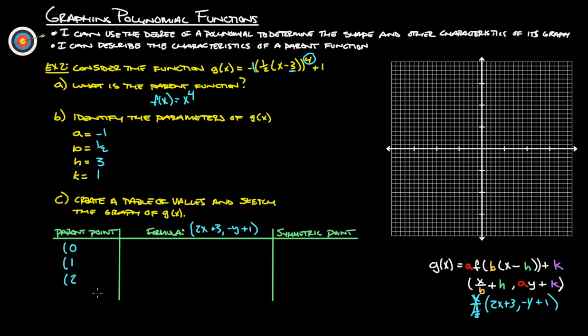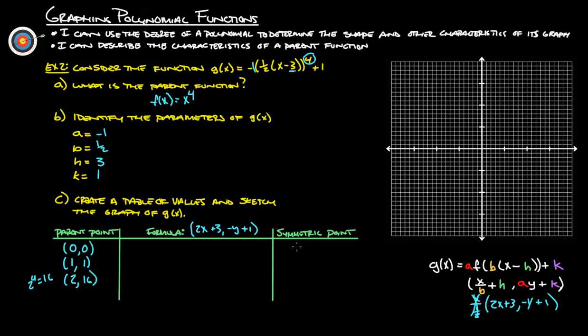Okay? All right. So if we plug in 0 for our parent point, 0 to the 4th power is just going to be 0. If we plug in 1 to the 4th power, that's still 1. So we got 0, 0, we got 1, 1, and 2 to the 4th power is 16. So that's going to be 2 and 16, like that.